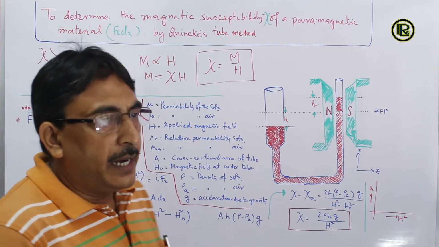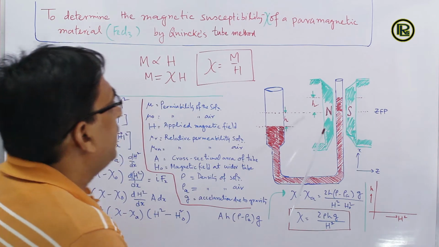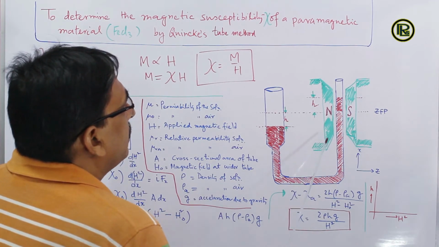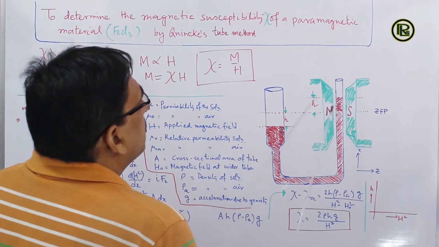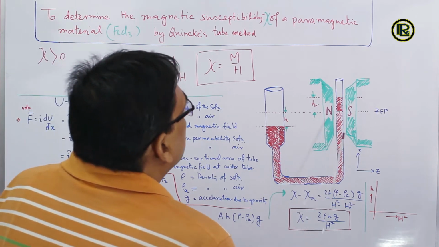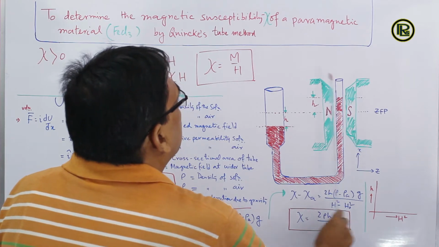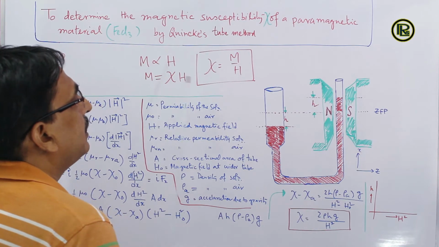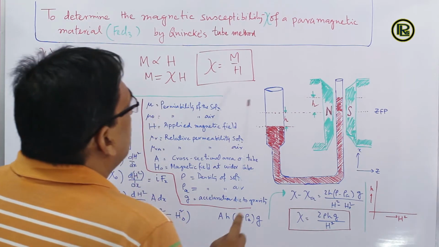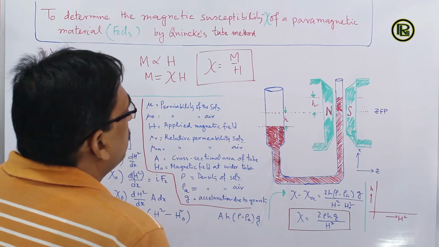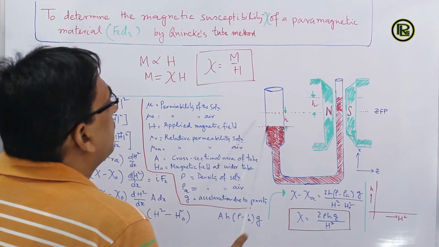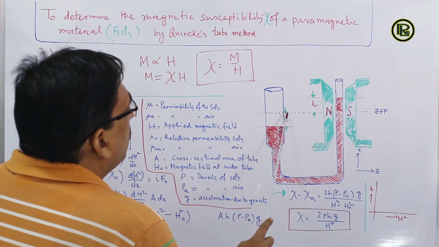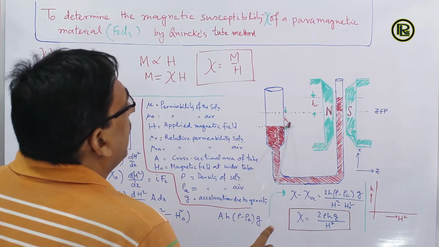When we send current into the electromagnet, the magnetic field generated between the pole pieces gives rise to a force that pushes the liquid up by an amount h. On the other hand, in the other arm of the tube, which is wider in diameter, the liquid will go down by the same height h.